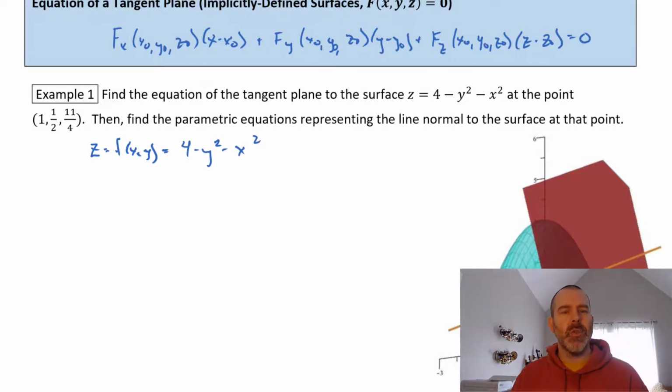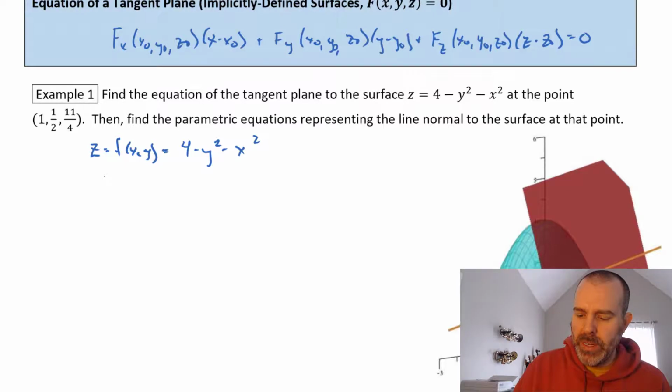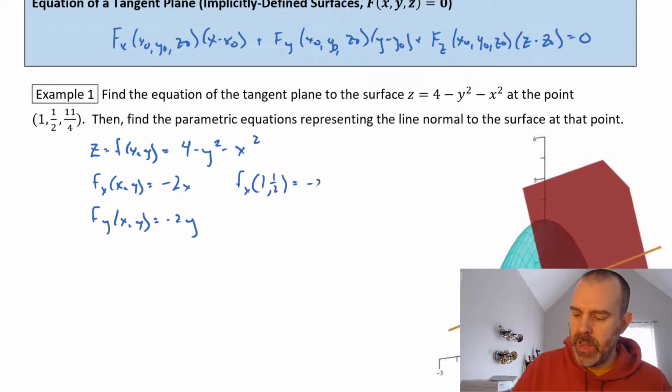We need the two partial derivatives evaluated at the point. The partial derivative with respect to x will be -2x. The partial derivative with respect to y, -2y. The partial derivative with respect to x then at 1 will be -2 times 1, so that's -2.